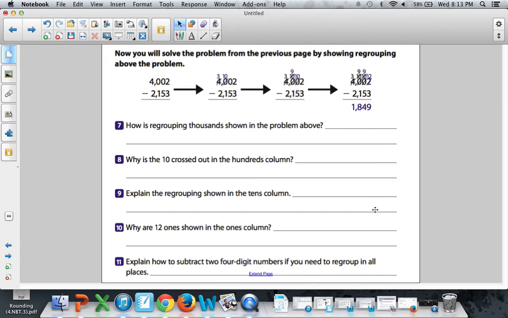Simple. They regroup the thousands by borrowing. Have you heard of borrowing before? That 4 turns into a 3. So let's put that.